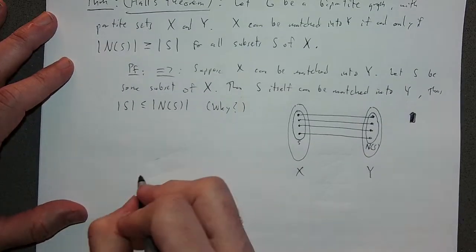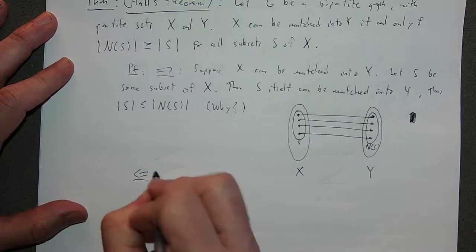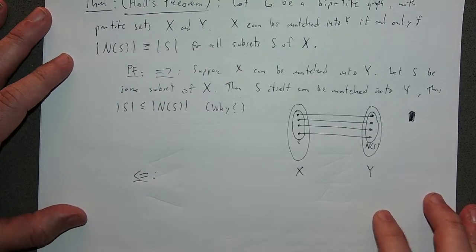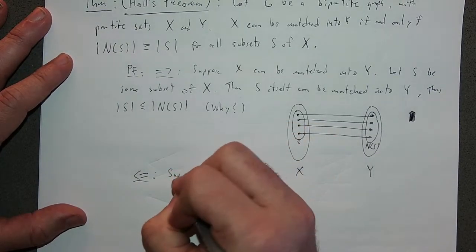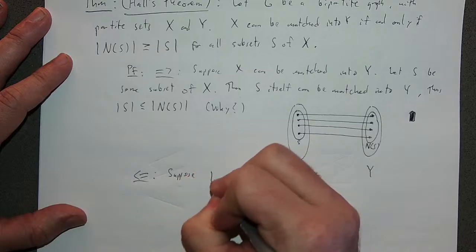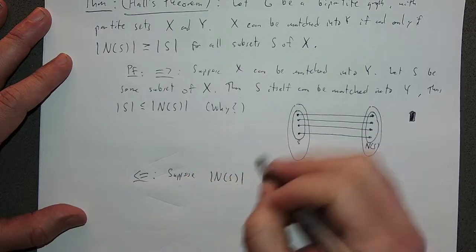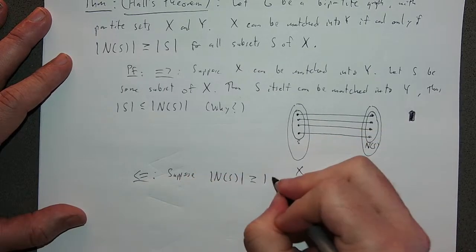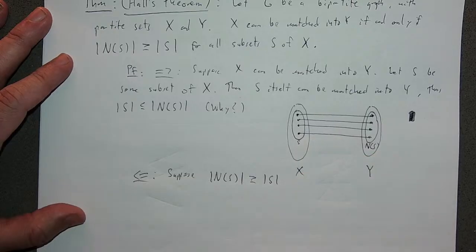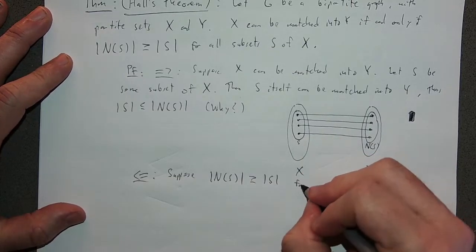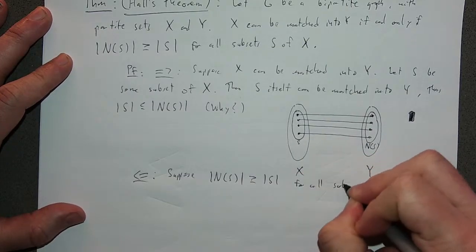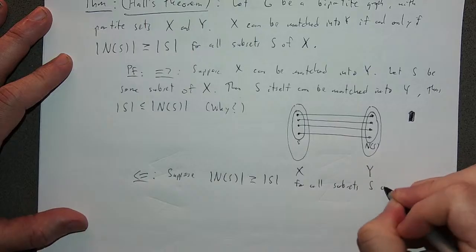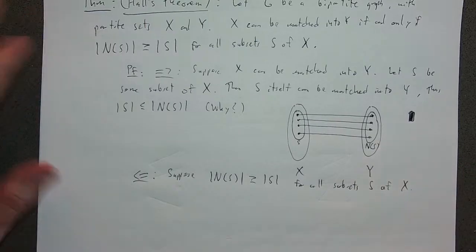What about the backward direction? The backward direction is, suppose that the size of the open neighborhood of S is greater than or equal to the size of S for all subsets S of X. Okay.